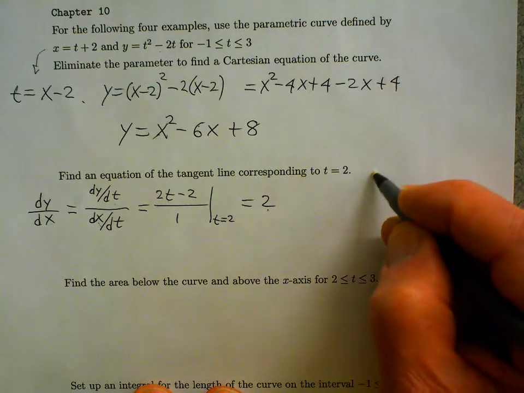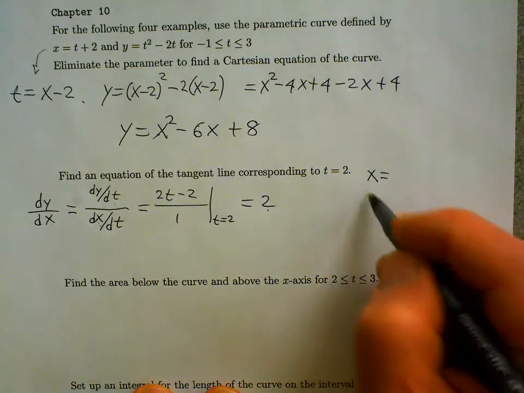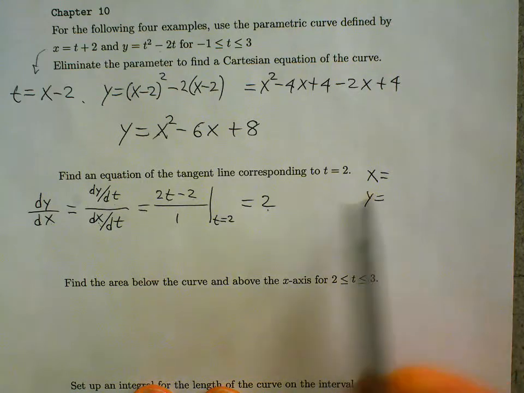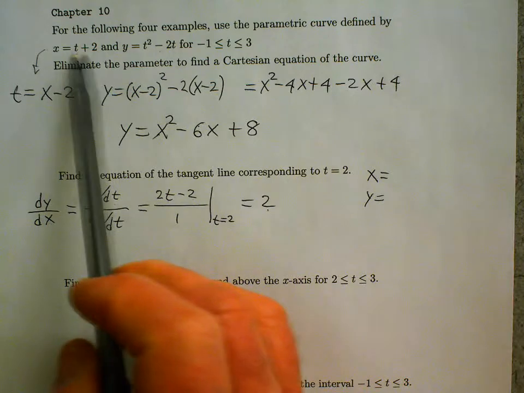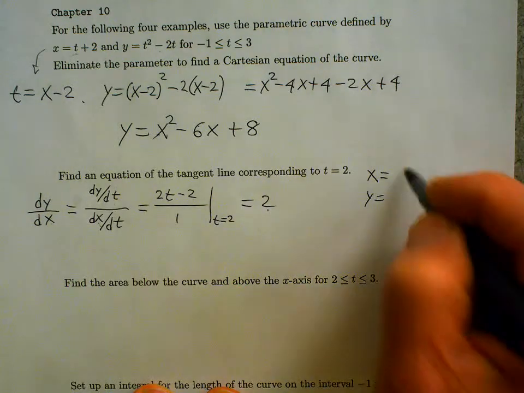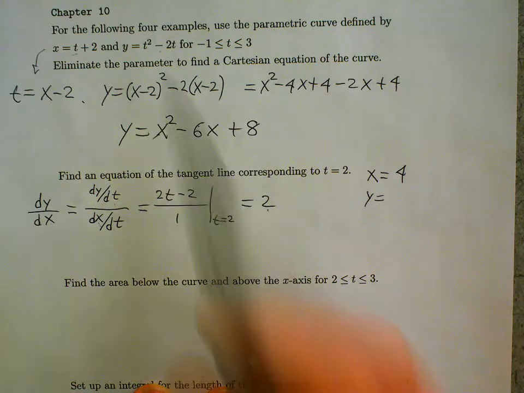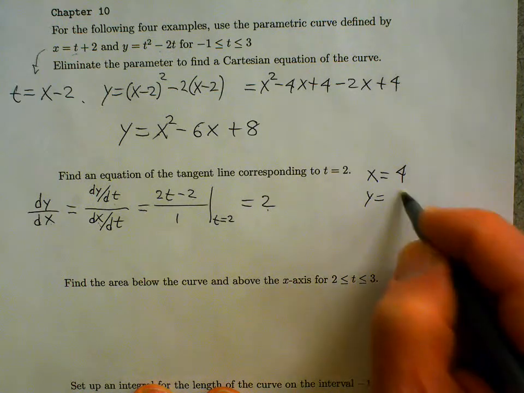And then we need to know the x and y coordinates that correspond with t equals 2. When t equals 2, the x coordinate is 2 plus 2, or 4. And the y coordinate, when t equals 2, is 2 to the second minus 2 times 2. 4 minus 4 is 0.